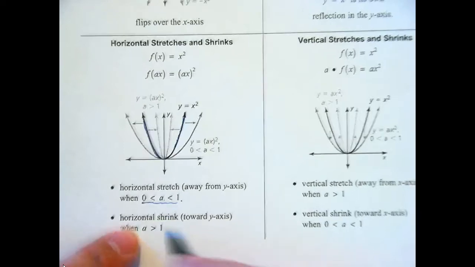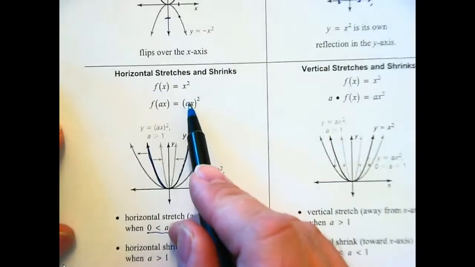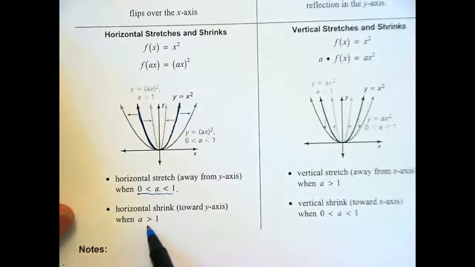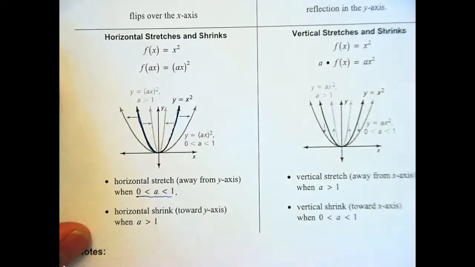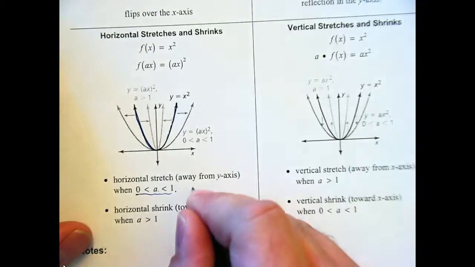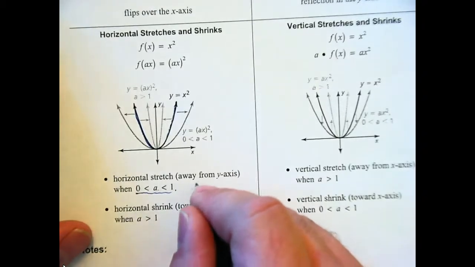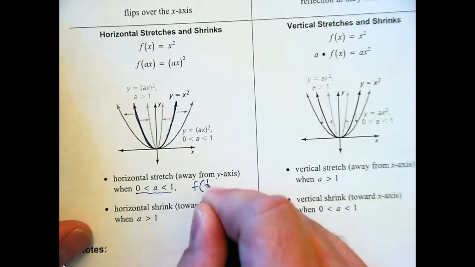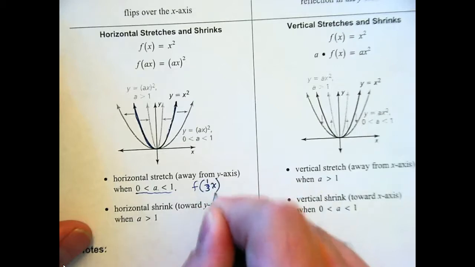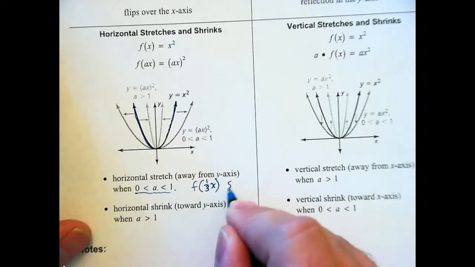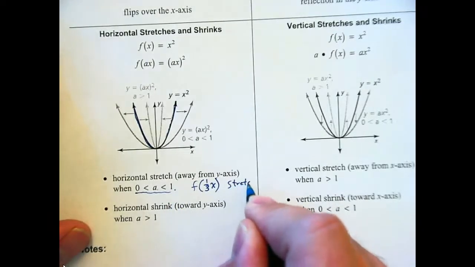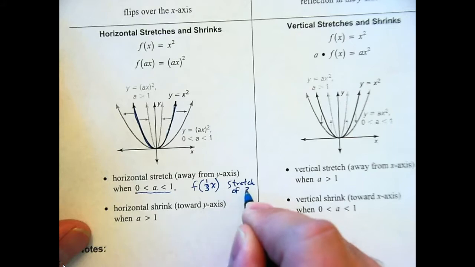Remember, everything that happens on the inside is kind of counterintuitive. So when I say f of 1/3 x, that actually means I have a stretch of 3.